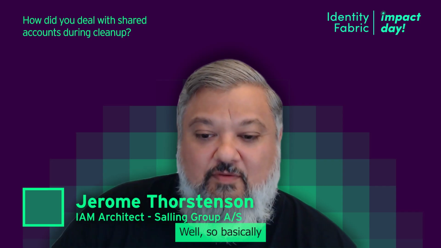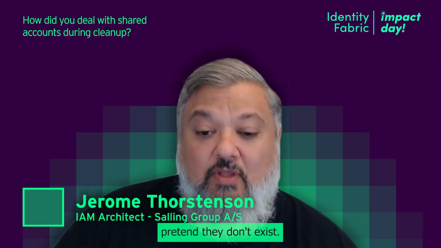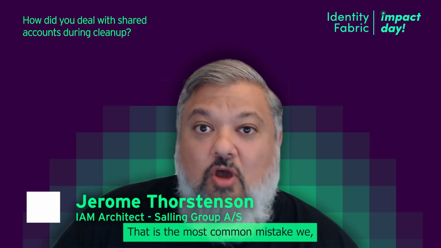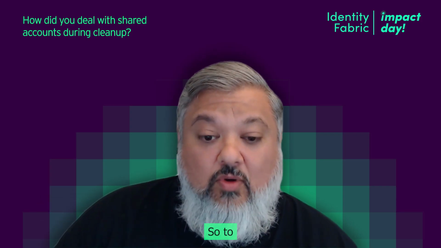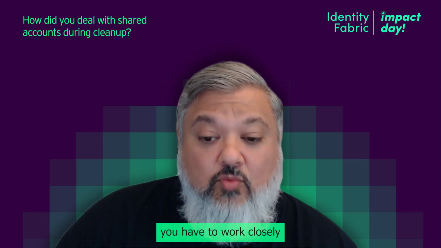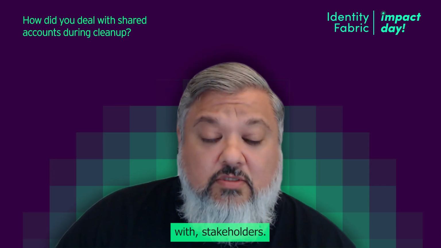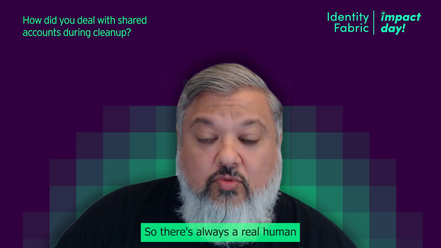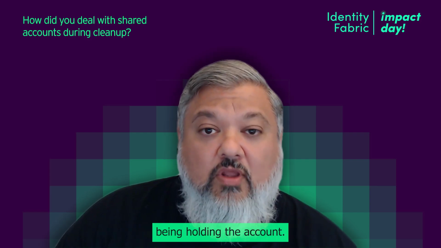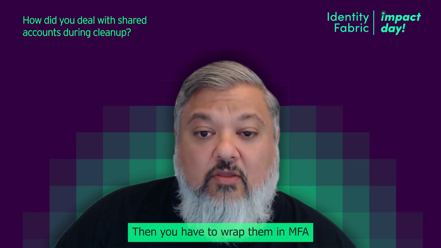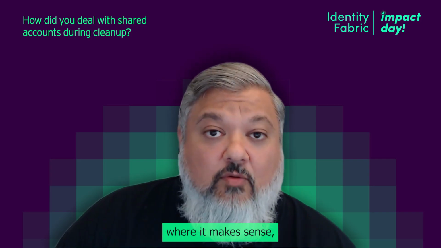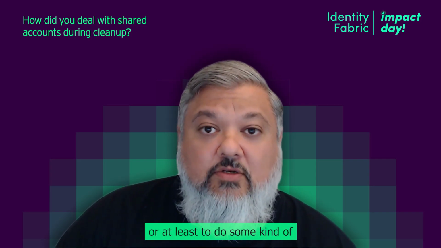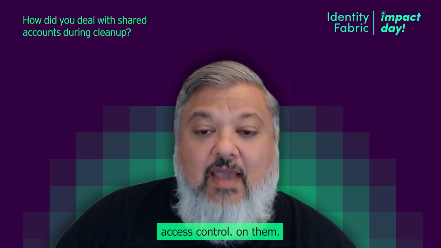So basically, step one is don't pretend they don't exist. That is the most common mistake we see. To identify them, you have to work closely with the stakeholders. You have to migrate them to named accounts, so there's always a real human being owning the account. Then you have to wrap them in MFA where it makes sense, or at least do some kind of access control on them.